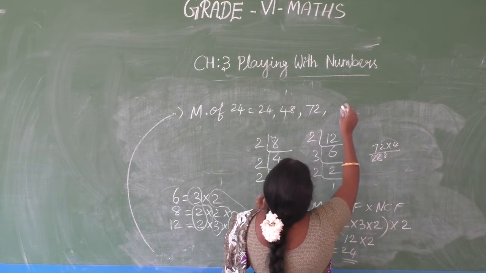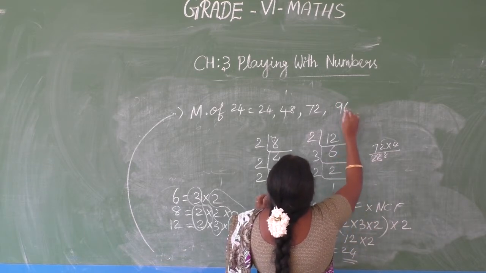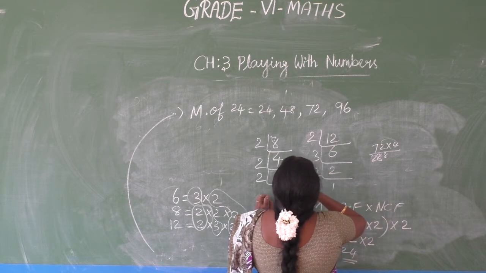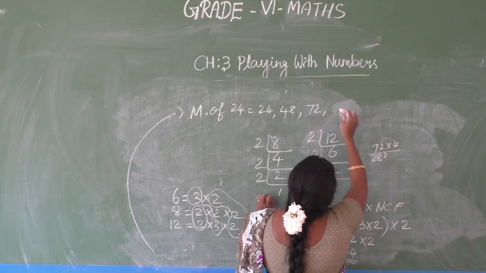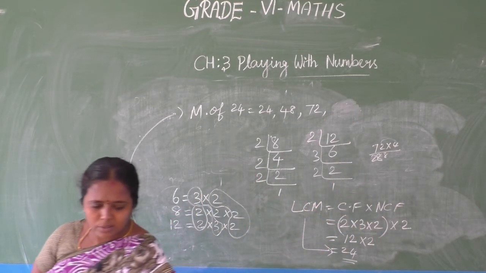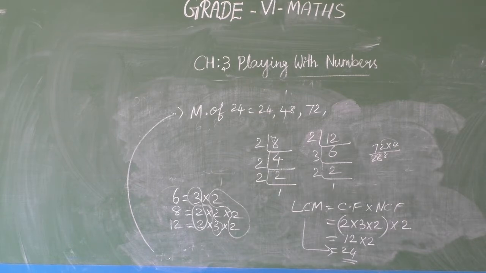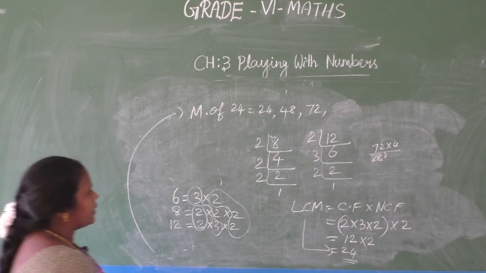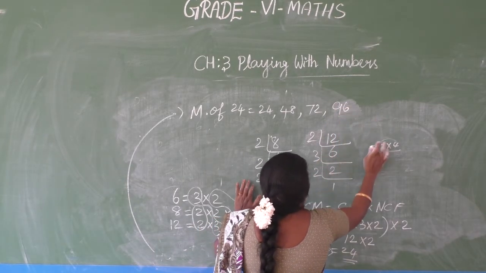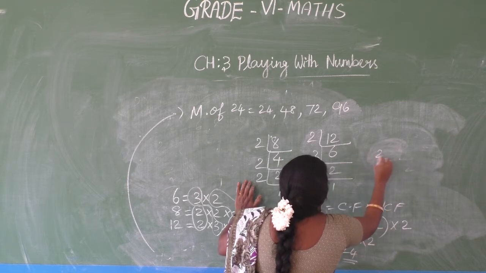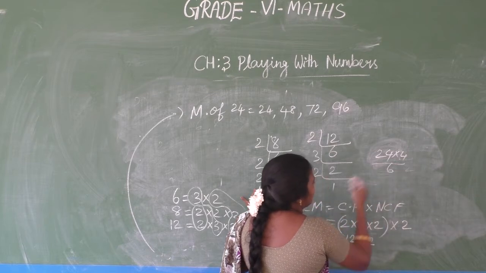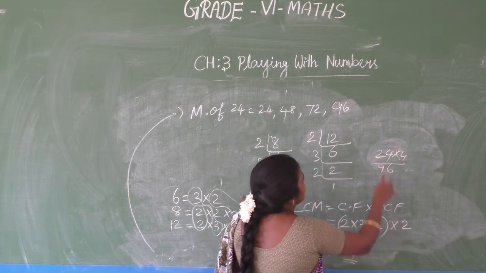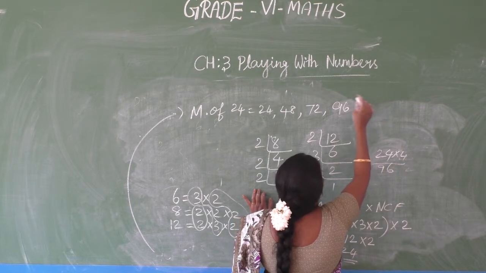See, I took 72 4s by mistake. Here it is 96 only. 24 4s are: 4 4s are 16, remainder 1, 2 4s are 8 plus 1, 9. So 24 4s are 96.